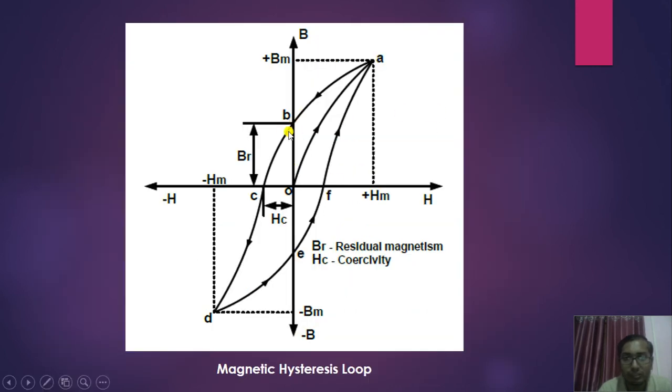So this lagging behind of B when H becomes 0 is known as magnetic hysteresis.